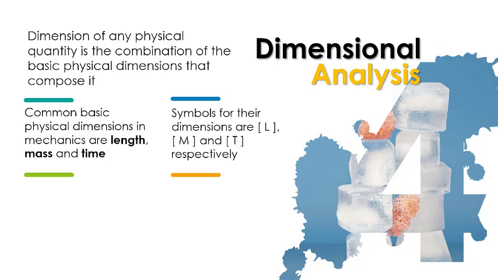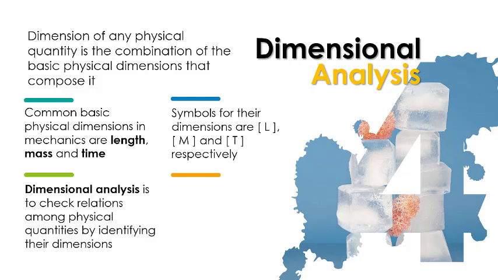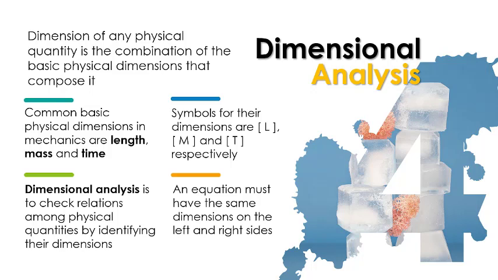Symbol for the dimension of length is L. Symbol for the dimension of mass is M. And symbol for the dimension of time is T. Dimension of a physical quantity in mechanics is the combination of these three basic dimensions. Remember that an equation must have the same dimension on the left and right sides.